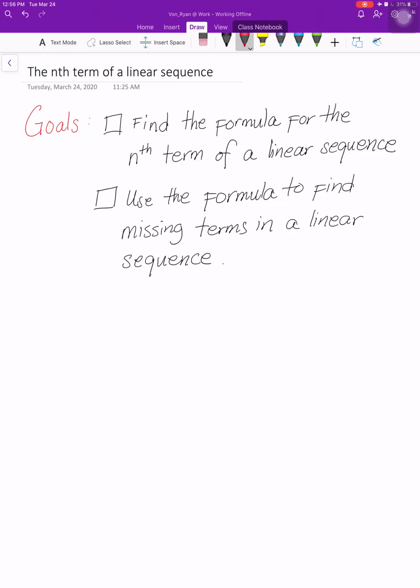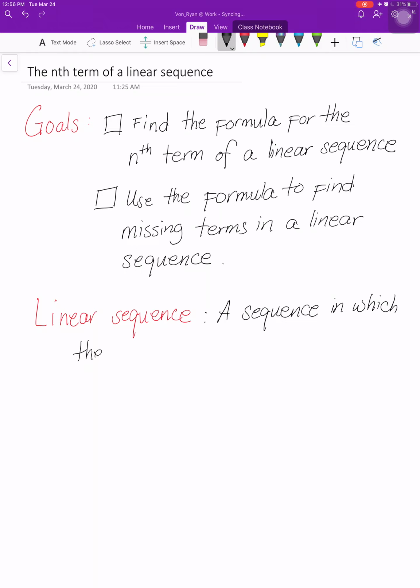So basically, let's start with the definition of a linear sequence. A linear sequence is a sequence in which the difference between one term and the next is always the same.